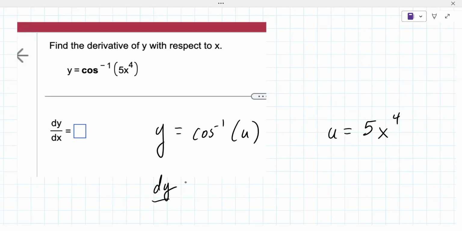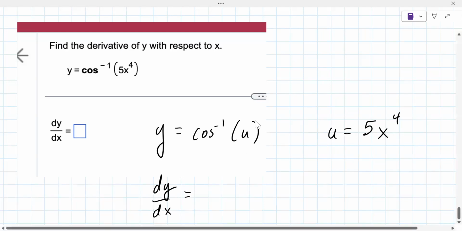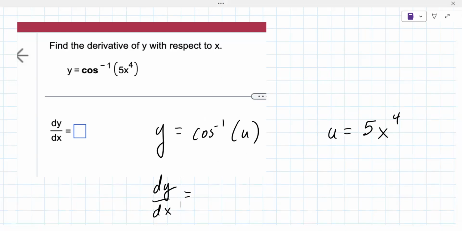So dy dx for arc cosine. Do you remember that one from your reference sheet? And you might have to memorize some of these. But it'd be good if you could find it, just because it's one of those where if you don't know where to look for it, you'll miss it.